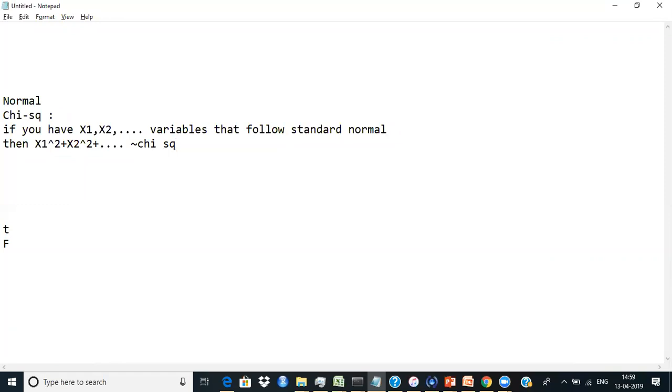So basically, chi-square is nothing but square of a normally distributed variable or sum of square of multiple normally distributed variables. So for example, if age is normally distributed, if I calculate some metric which is square of age, it will follow a chi-square distribution. If age is normally distributed, age to the power 2 will follow chi-square distribution.